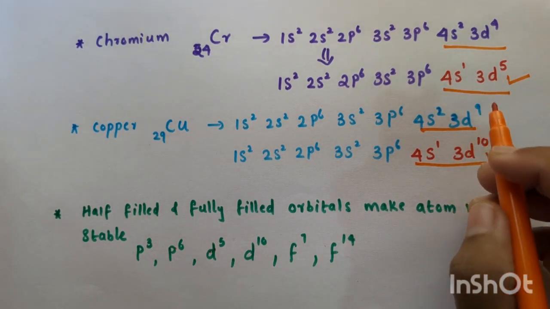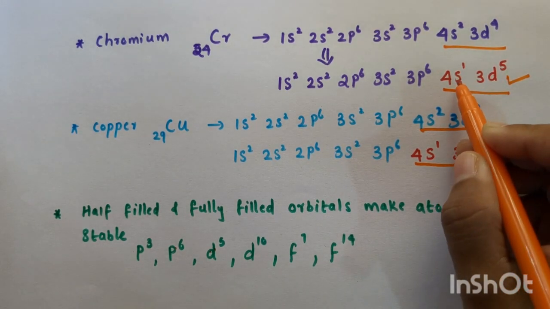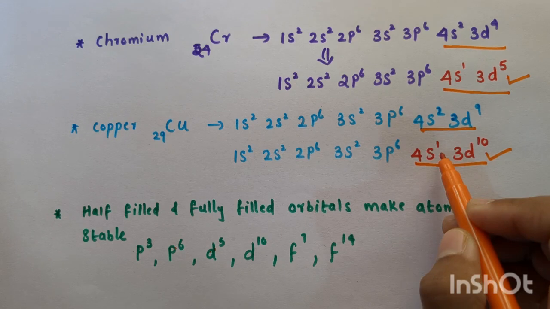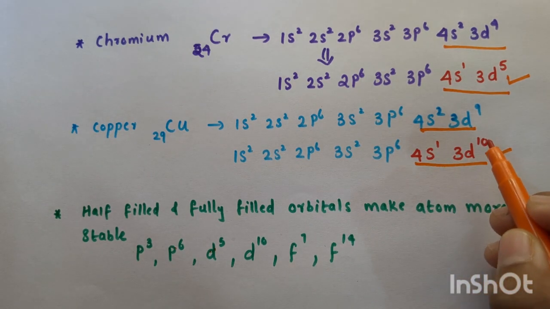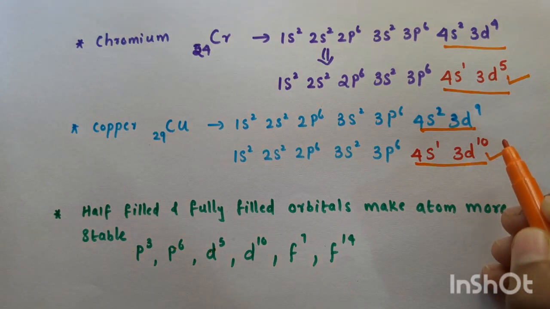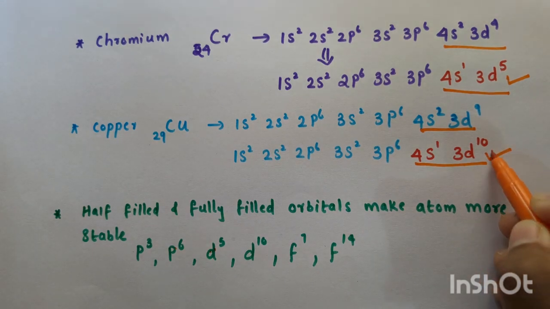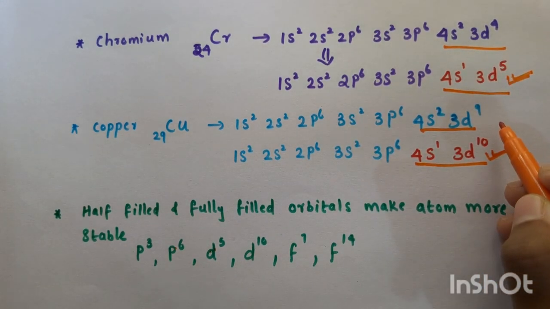See, the valence electronic configuration of chromium is 4s1 3d5 and for copper is 4s1 3d10. It has been found that there is extra stability associated with these electronic configurations.